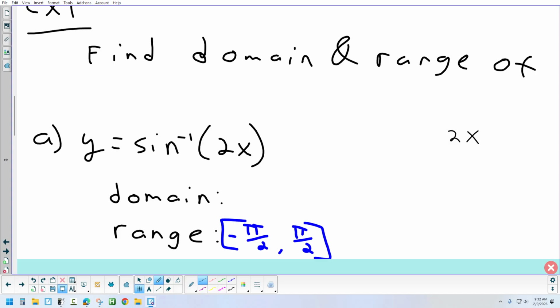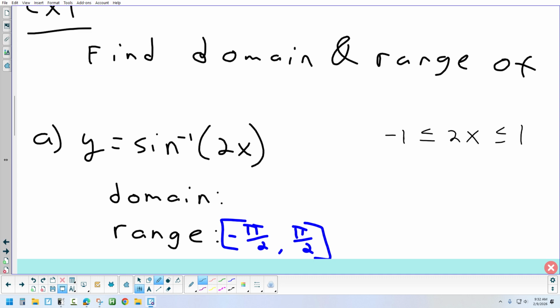Okay, can you give it to me with the -1 on the left side? So -1 is less than or equal to 2x, which is less than or equal to 1.